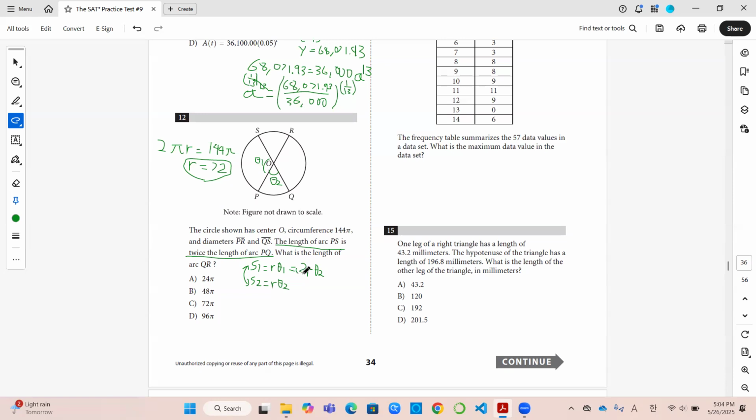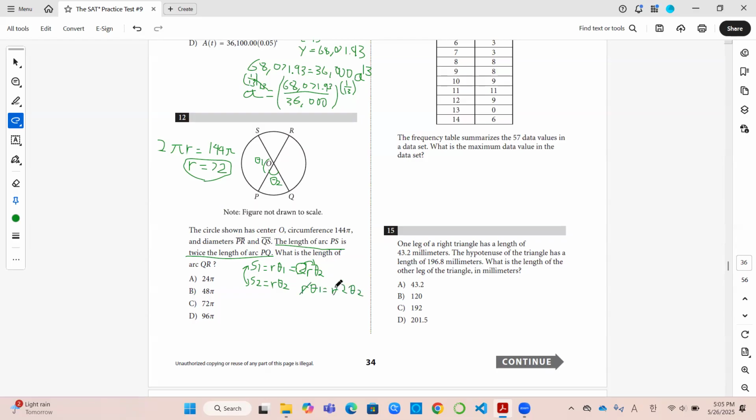I can actually put this 2 together with the theta 2. So I could write this as r theta 1 is equal to r times 2 theta 2.